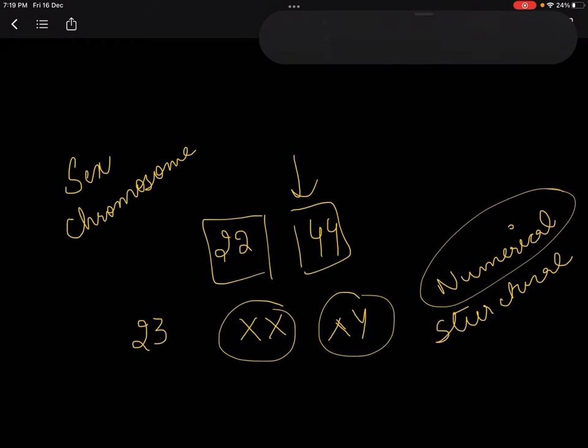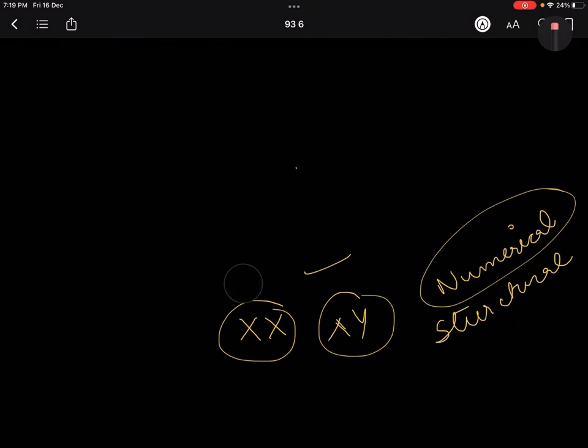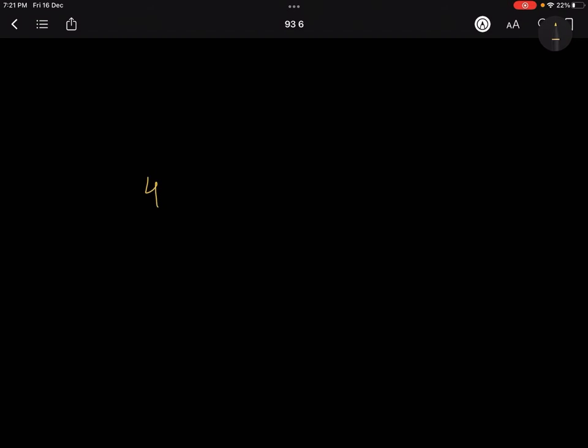Okay, so Klinefelter syndrome, what was the karyotype? You must always remember the karyotype, because from there you will understand a lot about it. So it was a trisomy, and it is 44 autosomal plus trisomy in the sex chromosome, and it was XXY.